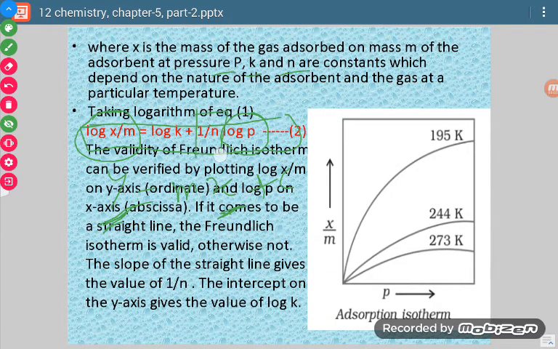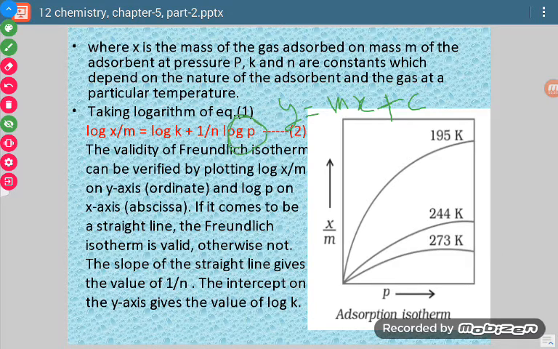Then 1 by n will be the slope and log k will be the intercept. So when we do so, we can verify our Freundlich adsorption isotherm equation.